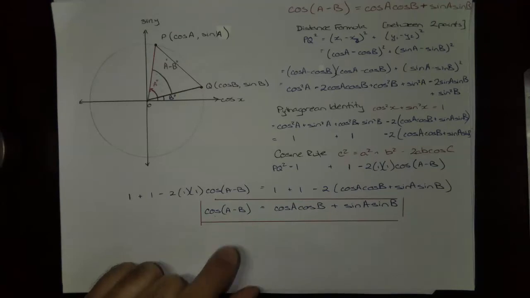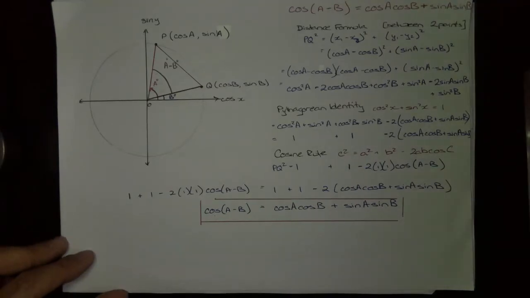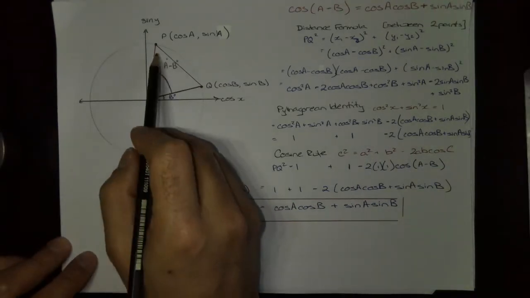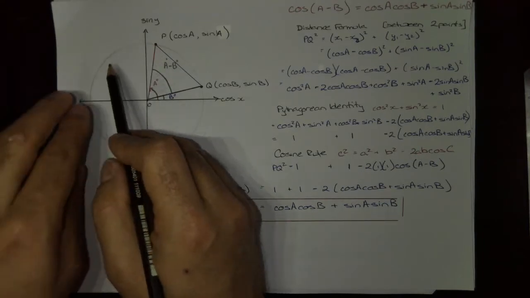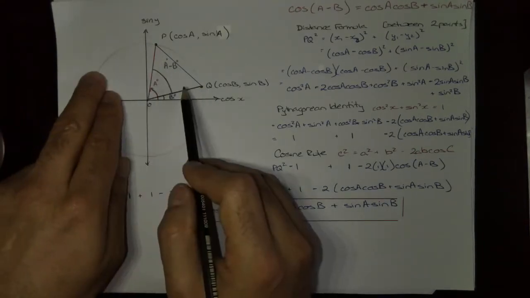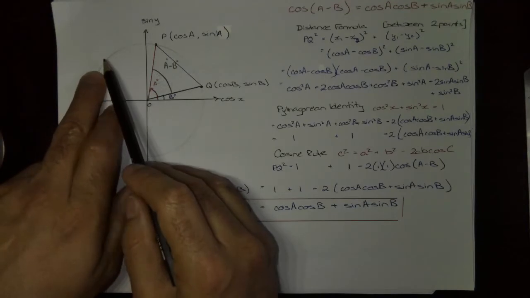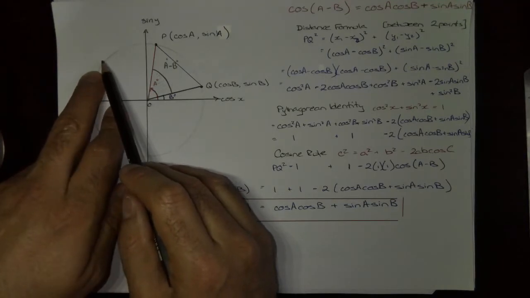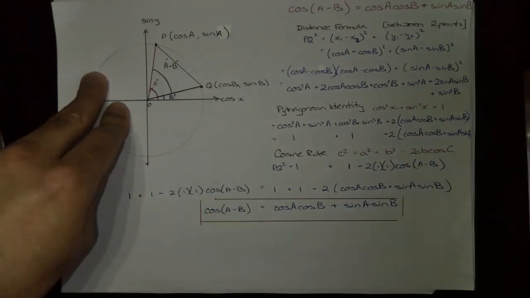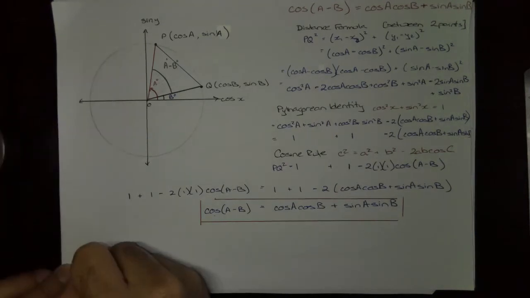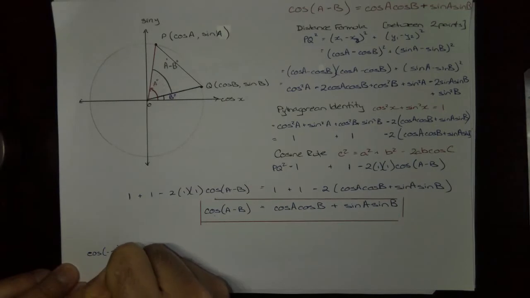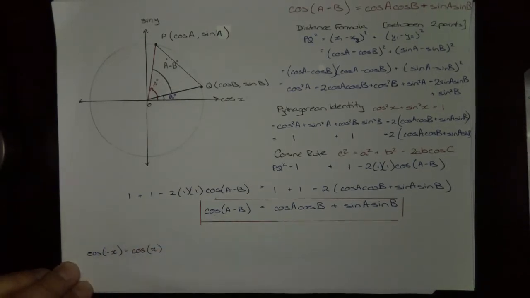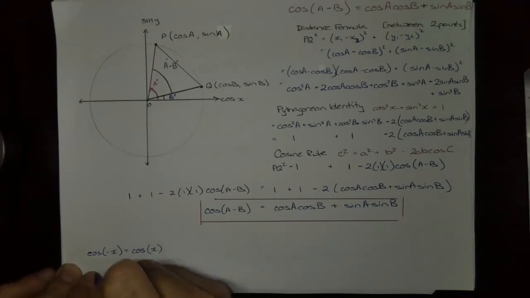Okay. Now, a lot of your images or in your books will probably move that P over to here, so it has a larger image to look at. That's fine because cos is an even function, so cos of negative x is the same as cos of x. Okay, I just want to show that because it's an even function.